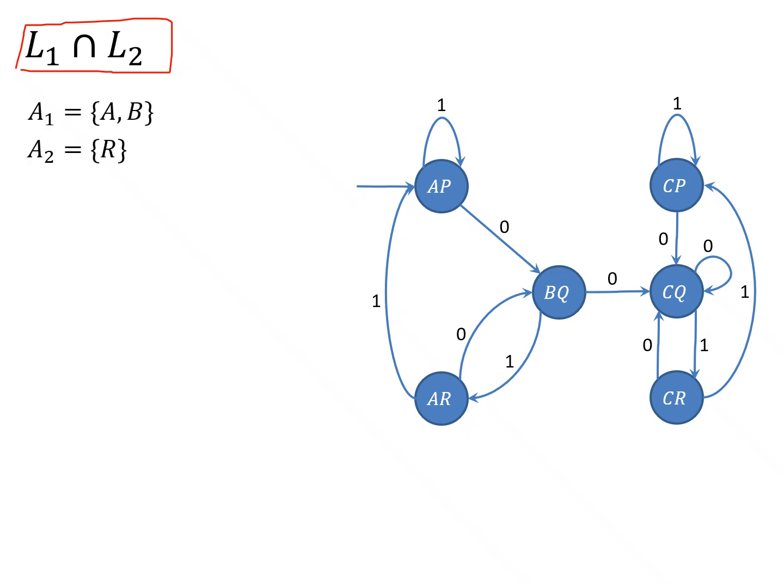As per the theorems, this will be the final state for M1. This indicates A1 and A2 is the final state of M1 and the final state of M2. This AB and AR, as I explained earlier.